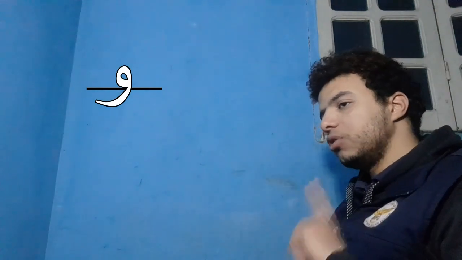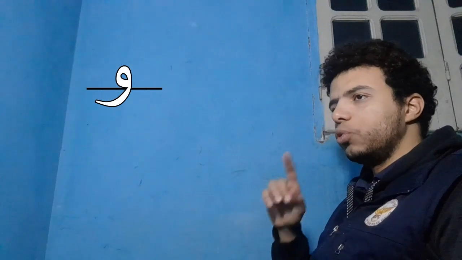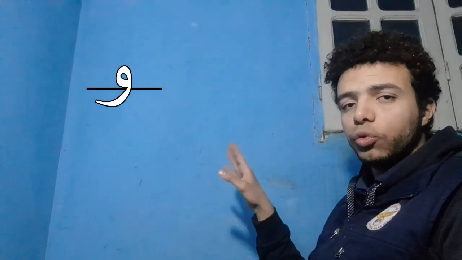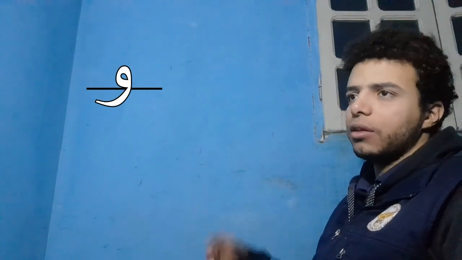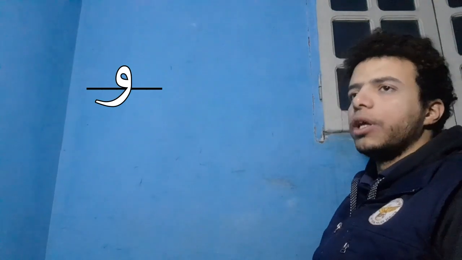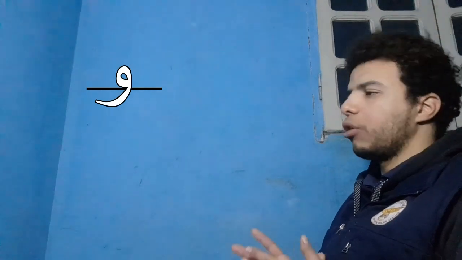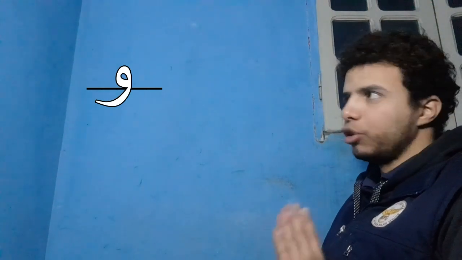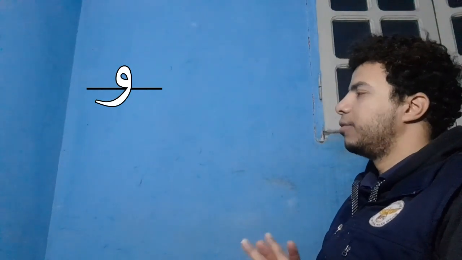Unless the sound is too short to deserve the use of a letter, in that case we're going to use a diacritical mark, and for that, again, I'm going to link the diacritical marks video down below, because that's a whole different thing and my head already hurts just looking at this letter.